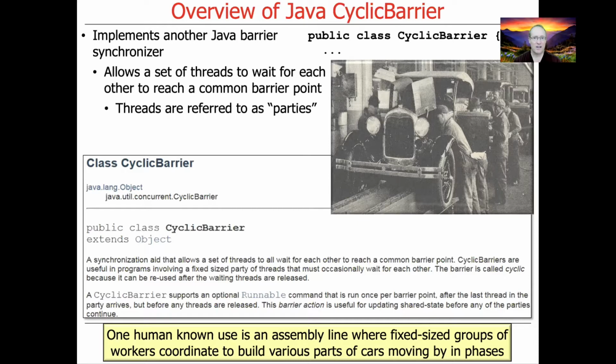And then once that group is done, the car moves down the line, the next car comes up, and they all start the process over again. So you can think of that as sort of cyclic, where parties, threads, people, workers, and so on take turns working on something in phases.